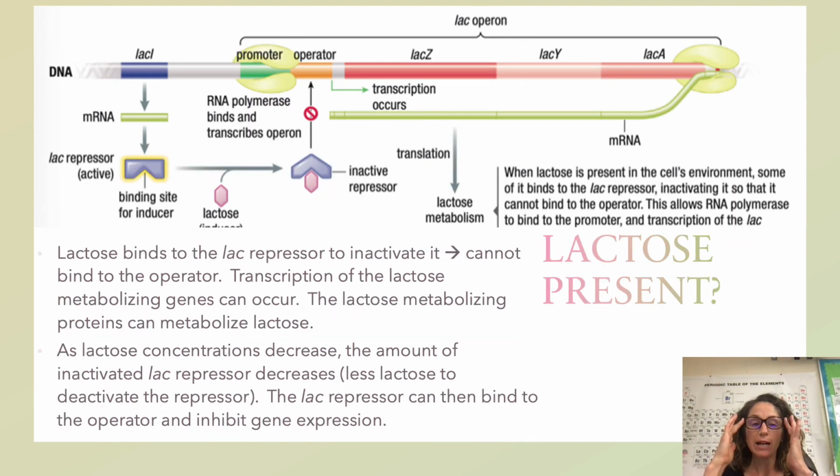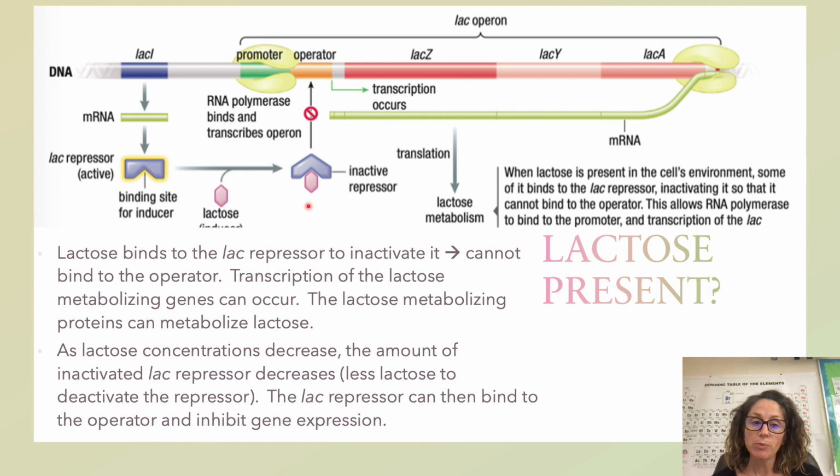However, when lactose is present, it's a great energy source, so it needs to be metabolized. What happens is this LAC repressor is still always created, but if there's lactose present, this lactose itself is going to bind to the repressor and deactivate it. So it's considered an inactive repressor when lactose is bound to it.